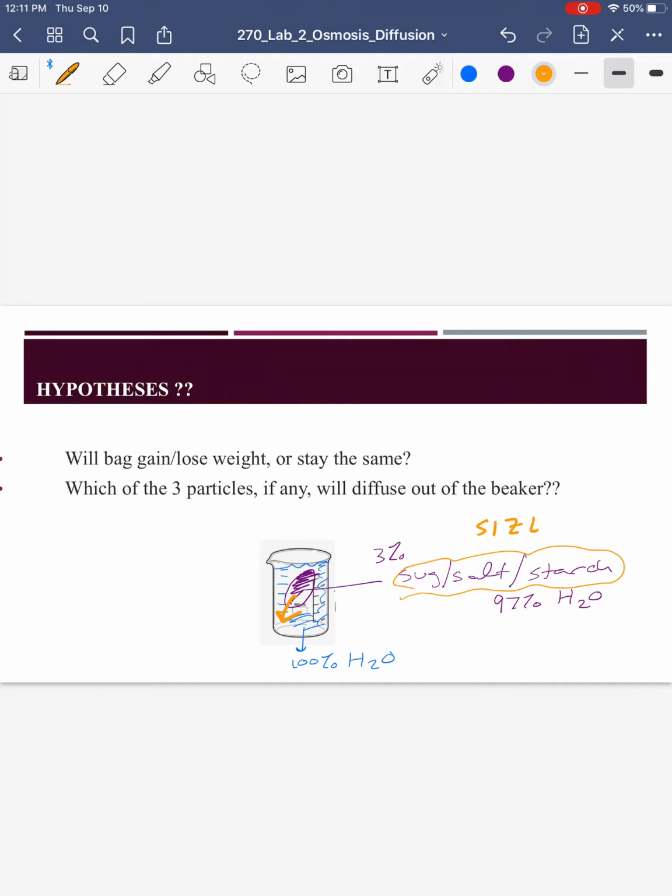So remember, the dialysis tubing is only selectively permeable. It has pores that are only a certain size. So out of these 3, which one or which ones do you think are going to be small enough to fit through the pores of the dialysis tubing bag? Great, make sure you write those down before we get the answer.